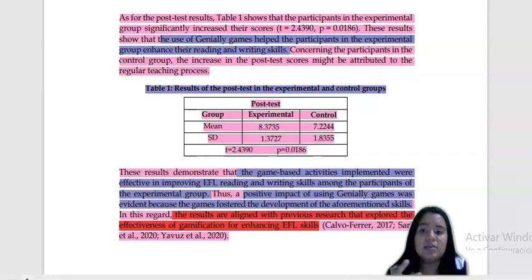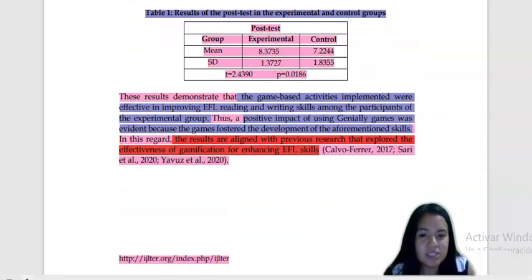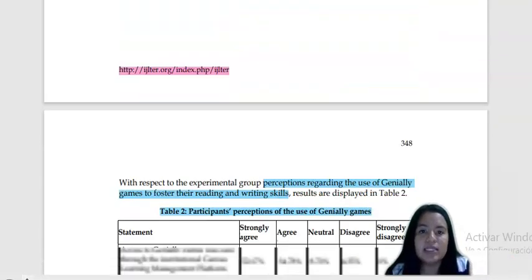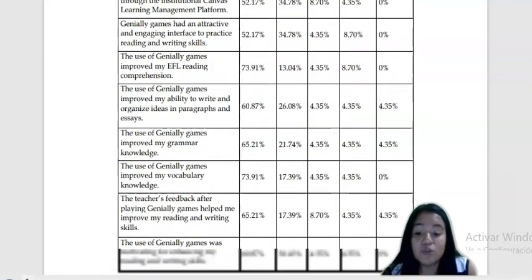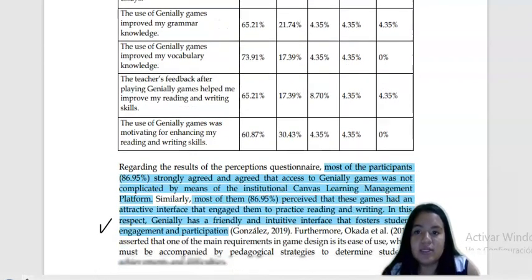The motivation and impact is positive, at 91%. They say the games motivate them to improve reading and writing skills.